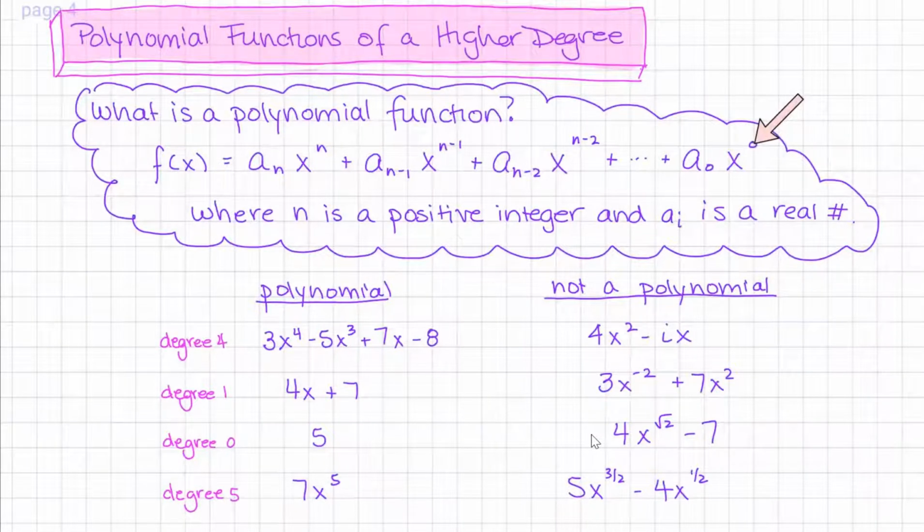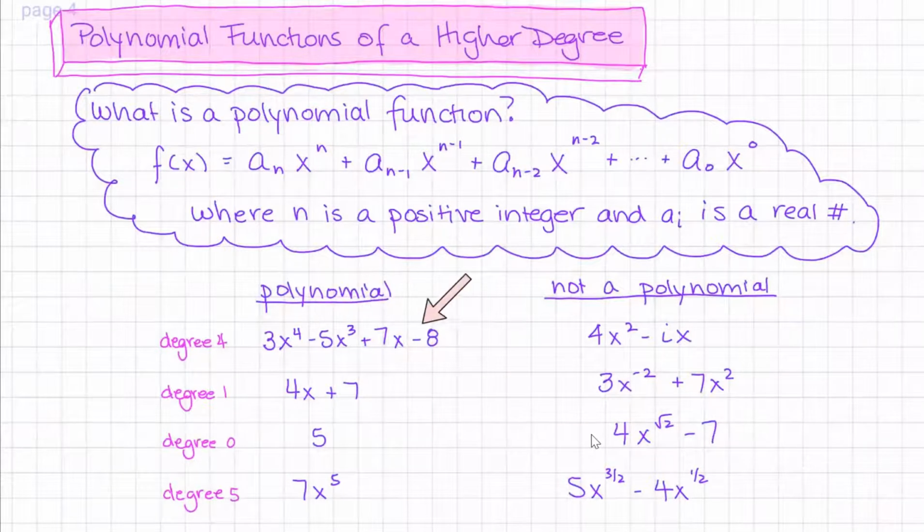So it looks like exponents can be positive, whole numbers, or 0. And these a sub i's, these are all coefficients. So your coefficients have to be real. Your exponents on your variable can't be negative, and they have to be whole numbers.